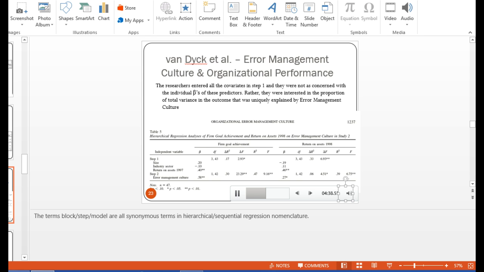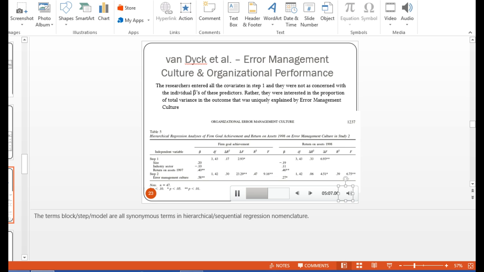So we can imagine return on assets in 1998 is probably predicted by return on assets in 1997, the previous year. So remember, a covariate is something that's correlated with our DV of interest, and we want to parse out that variance so that we can see the relationship more clearly between our predictor of interest and our outcome.